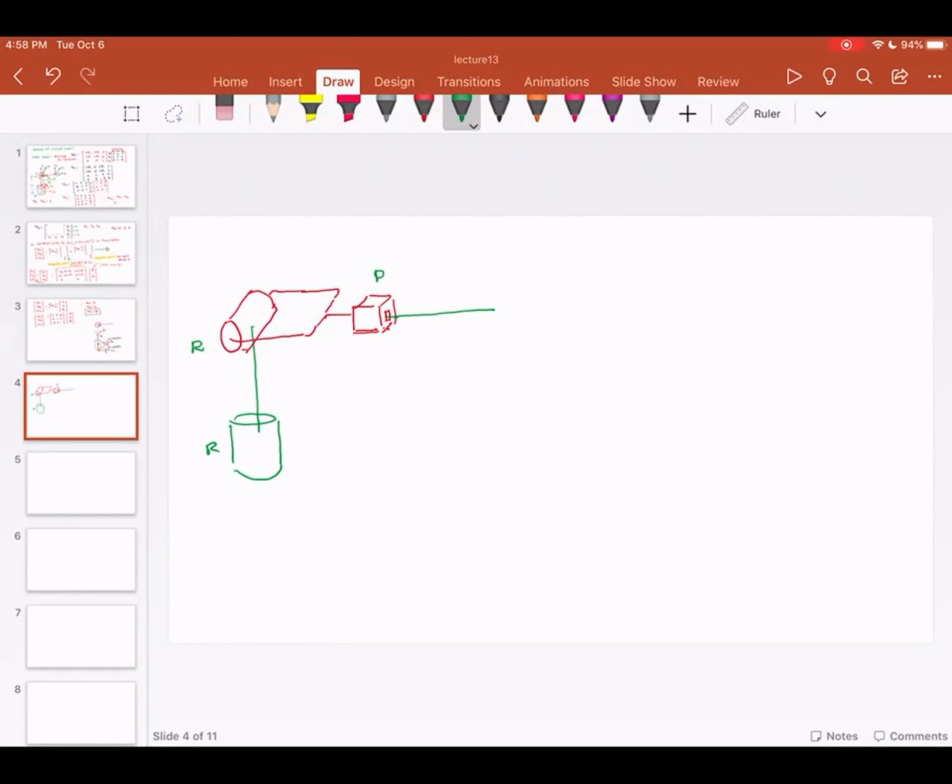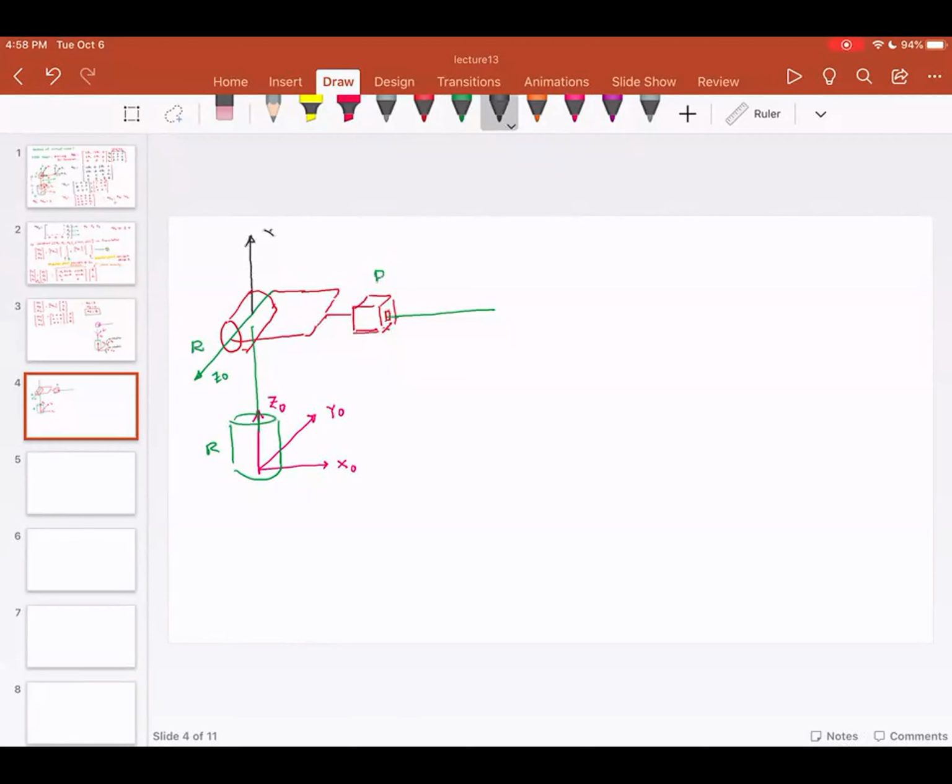And the steps are, first, assign the coordinate system. This is Z naught. This is X naught. This is Y naught. Then you have Z naught. Then you need an X, which is perpendicular to both of these.